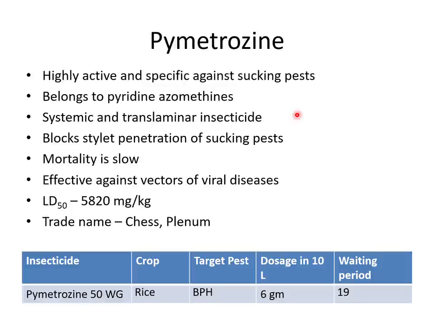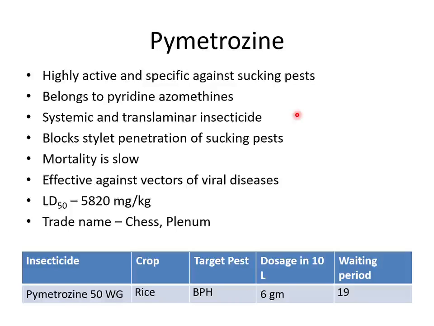You might have studied about virus vectors: persistent, non-persistent, circulative, non-circulative, and all. So in vector management, one thing you should remember is that if you are using a pesticide, say a neonicotinoid, imidacloprid or thiamethoxam, it is systemic in nature. You have sprayed the pesticide.